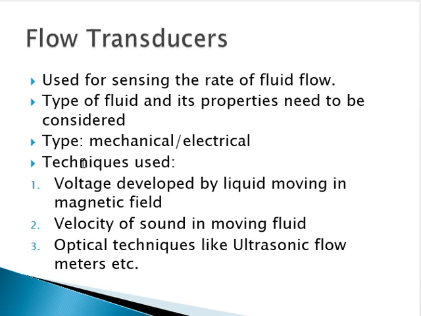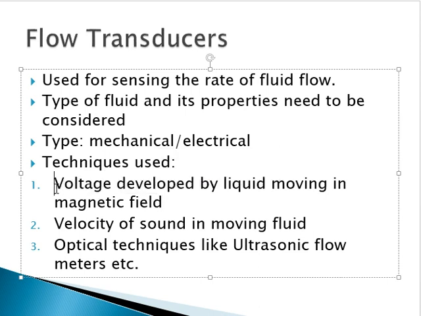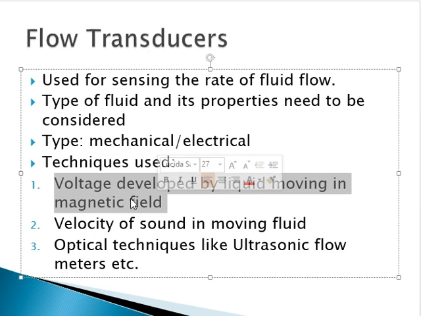Generally there are two types which are used for measurement of flow. That can be mechanical or electrical, and there are a number of techniques utilized for measurement of this flow. The first one is the voltage developed by a liquid moving in a magnetic field. This property is largely used, so we have to see the flow meter based on this first property.